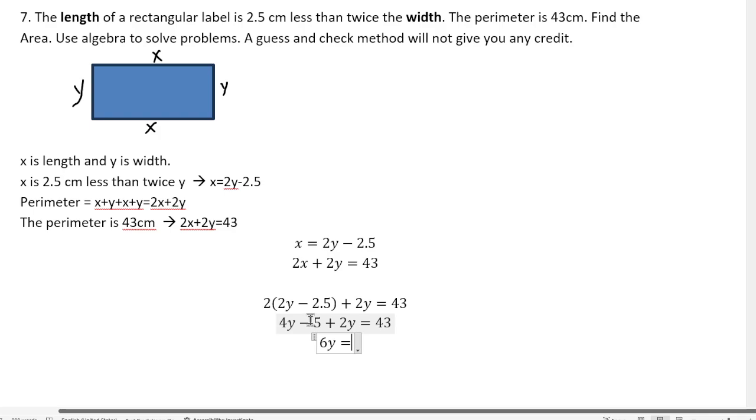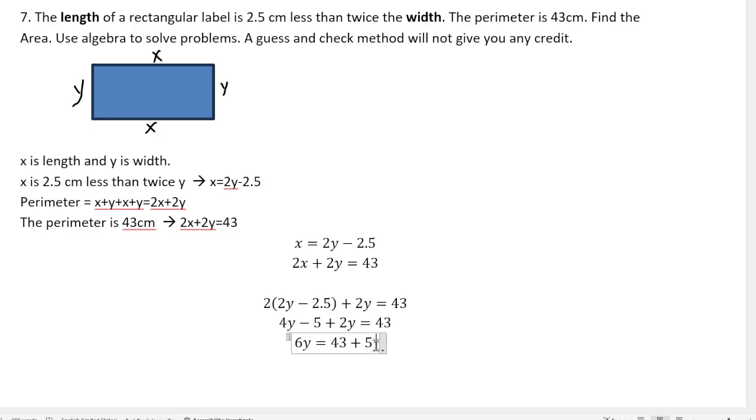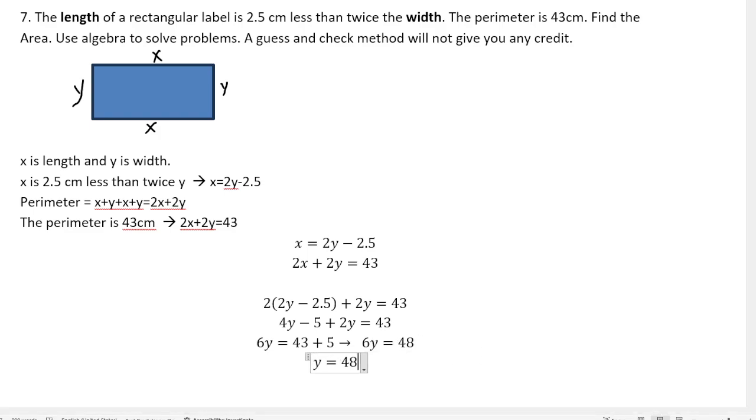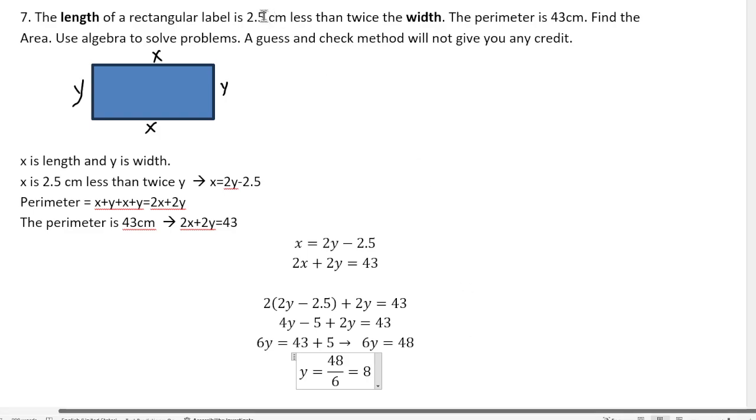On the other hand, you can add 5 both sides, so you have 43 plus 5 on the right side, and that means that 6y is equal to 48, and now you have y equals 48 divided by 6, and that gives you 8. The unit for length here is centimeters, so it's 8 centimeters.